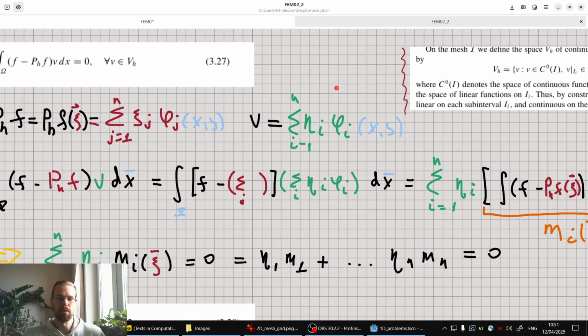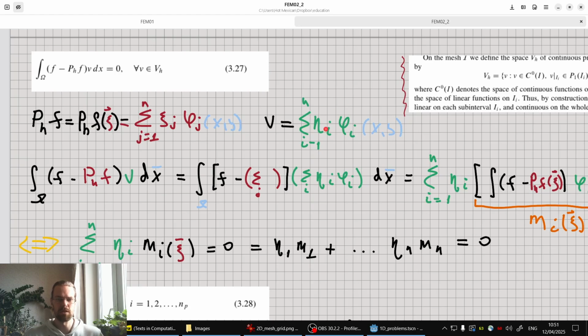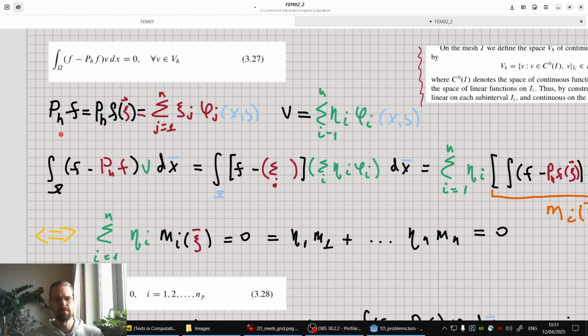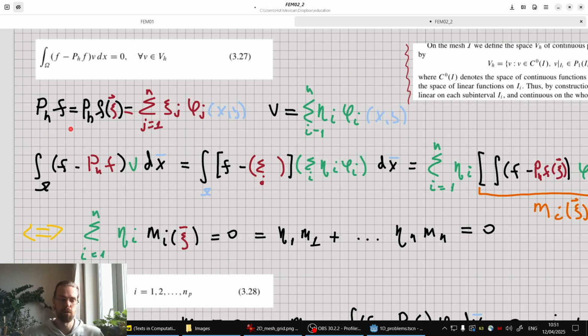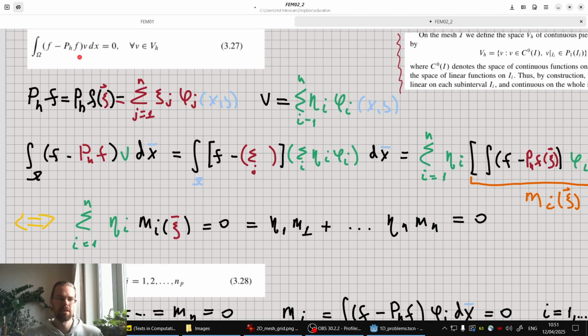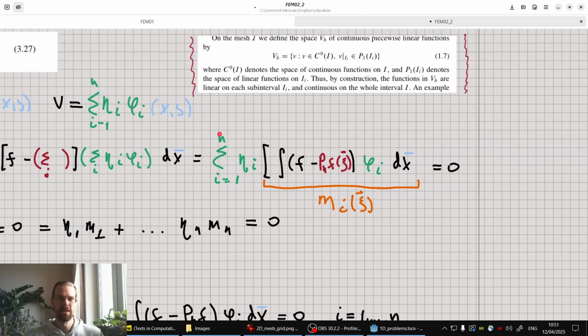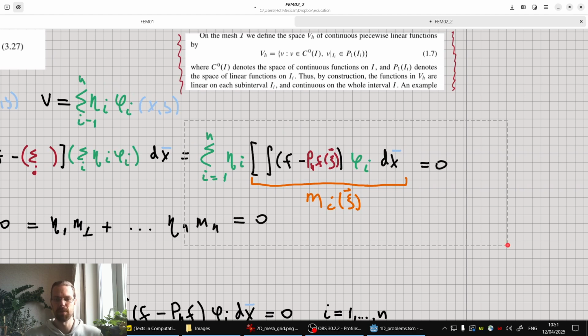What I propose is to expand this function into a linear combination of our basis vectors, which we will use as hat functions. Of course, it's the same set of hat functions used for the approximation of our projection. We just plug everything into the equations, shuffle a few sums, and we get this particular expression.